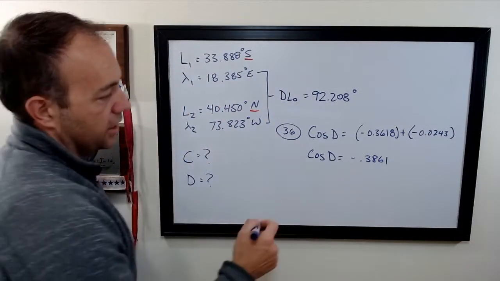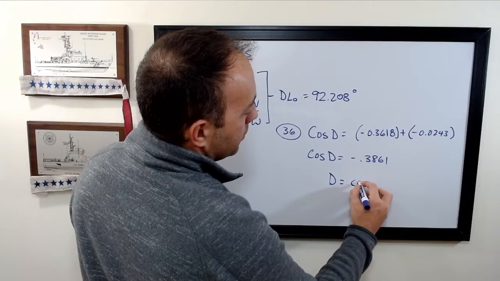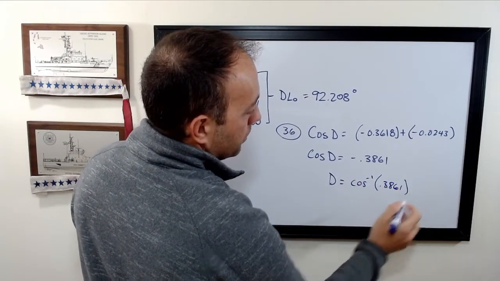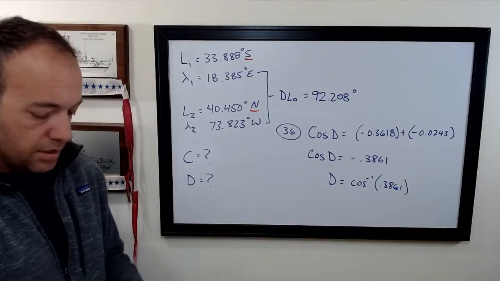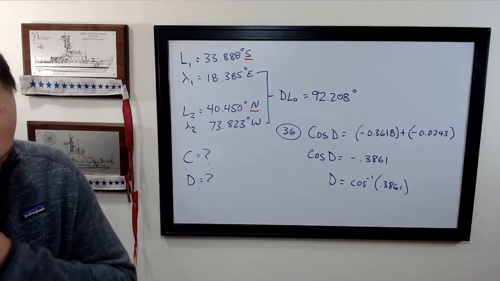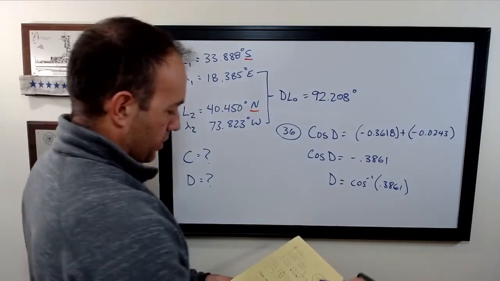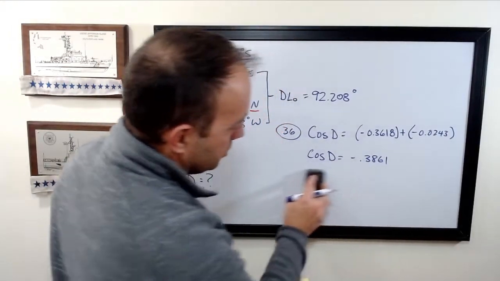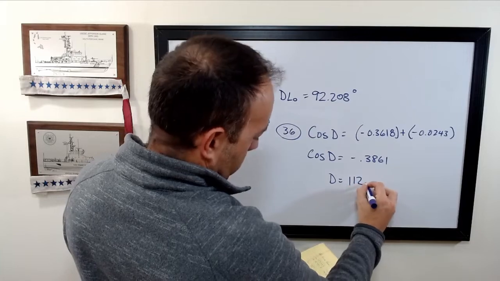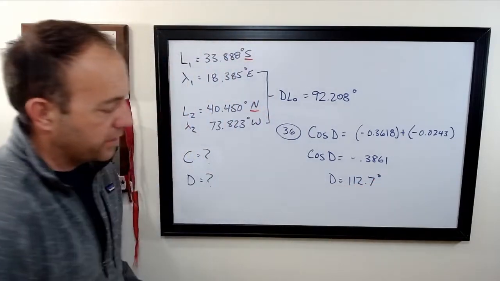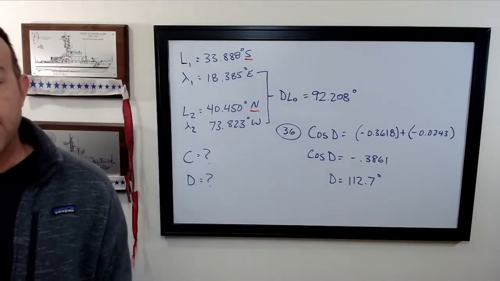So then, likewise, to get d, we have to do the inverse cosine. And it's going to come out to 112.7 degrees. So the distance is given in degrees in this case.